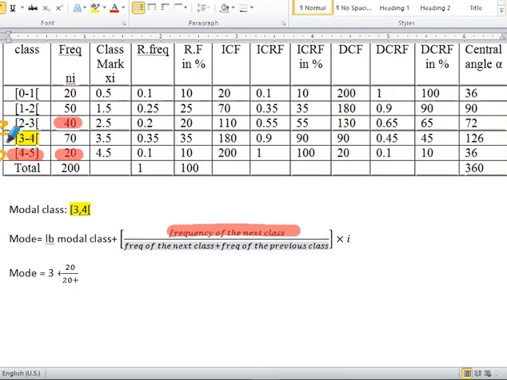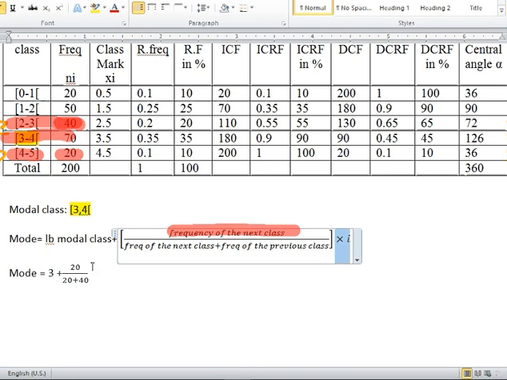So this is my modal class, this is the class next to it, with frequency 20, and this is the class before the modal class, which has frequency 40. So here you add 40, times the amplitude.